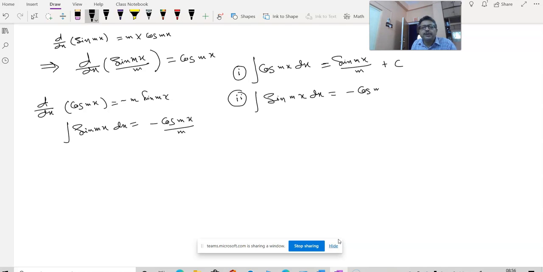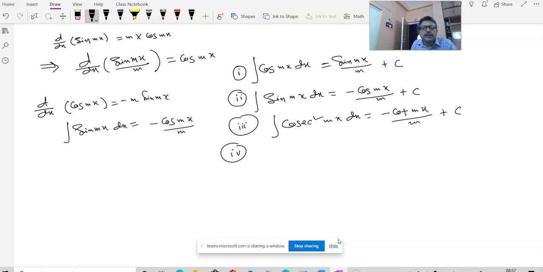This is going to be cos mx by m plus c, and then integration of cosec square mx dx will be minus cot mx by m plus c. Integration of sec square mx dx will be tan mx by m plus c.